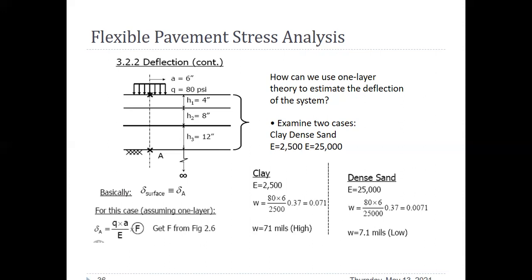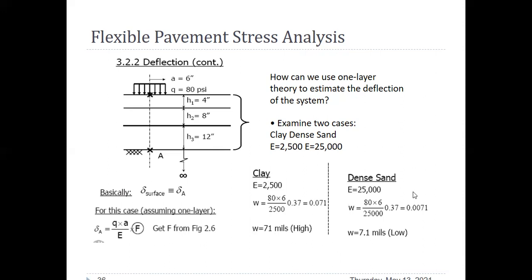Obviously, if you have clay, your deflection will be more, and if you have a subgrade of dense sand, the deflection will be higher in clay as compared to the deflection in sand.